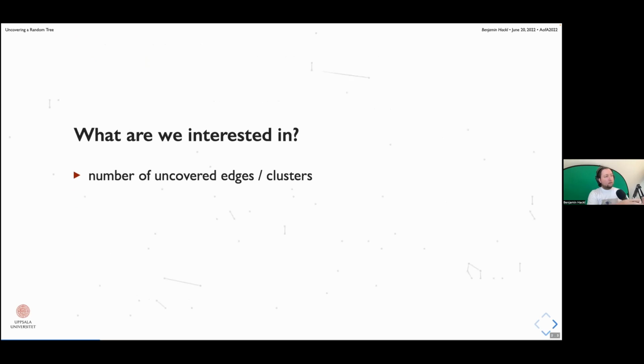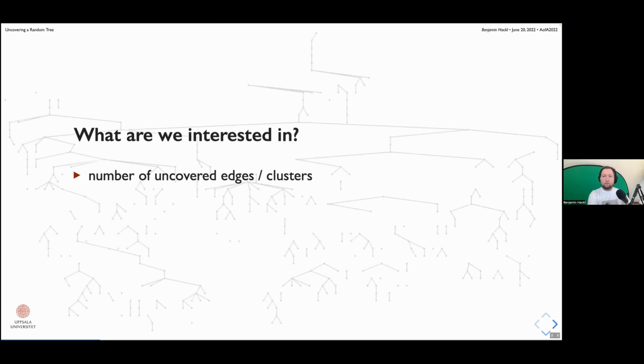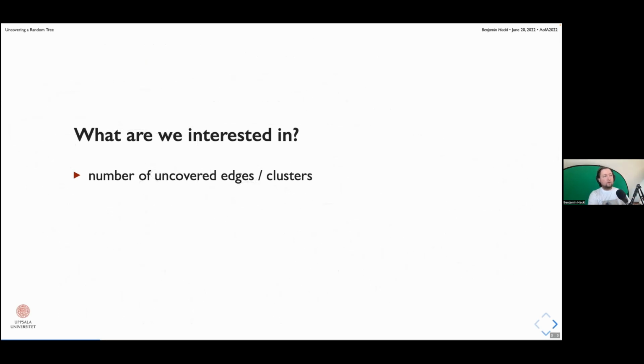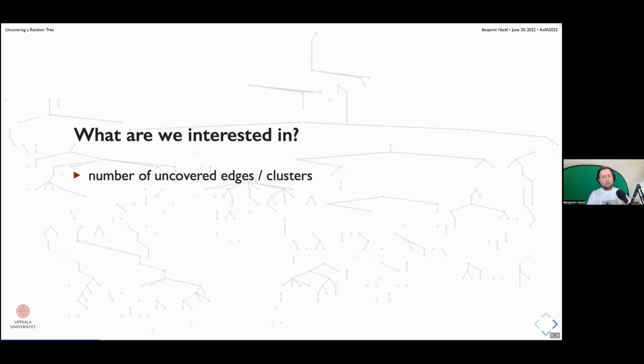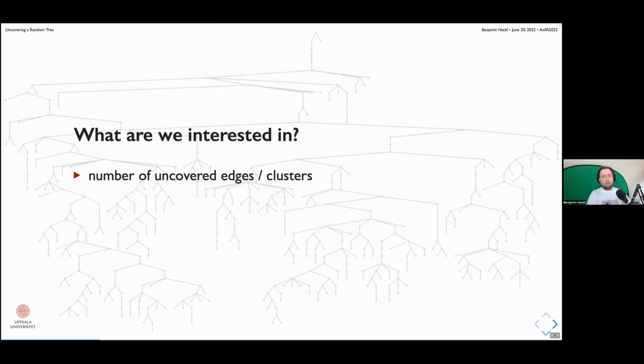There are three questions or three topics in this context of the process that I want to speak about in this presentation. The first one is the behavior of the number of uncovered edges, because that's related to the number of clusters. Whenever I say clusters, I actually do mean connected components of the tree, but clusters sounds fancier in this context.